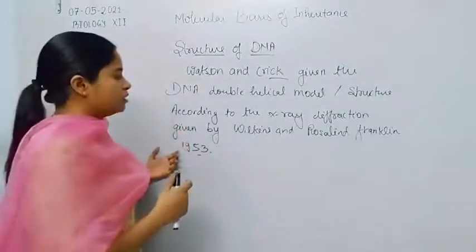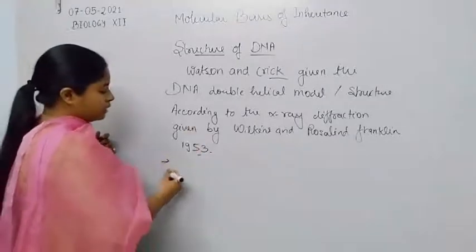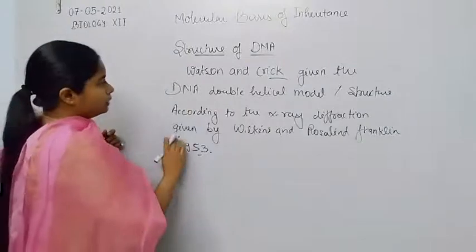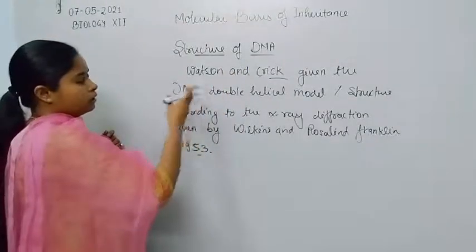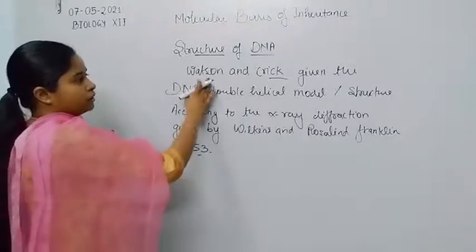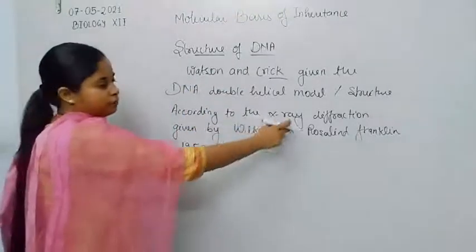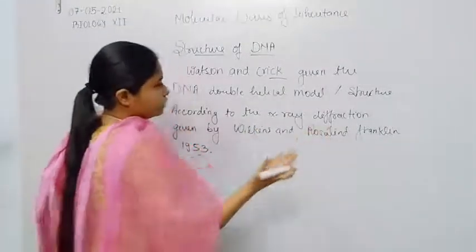The salient feature of the DNA molecule is that both the strands are anti-parallel in direction. Both polynucleotide chains are present in an anti-parallel direction according to Watson and Crick. The structure was given by Watson and Crick in 1953, according to the X-ray diffraction model given by Wilkins and Rosalind Franklin.